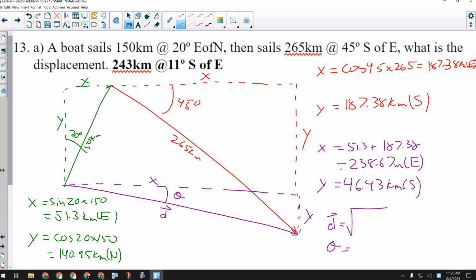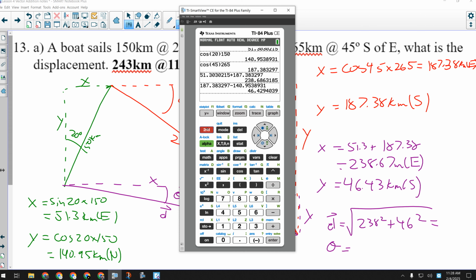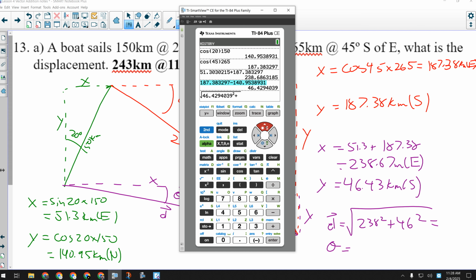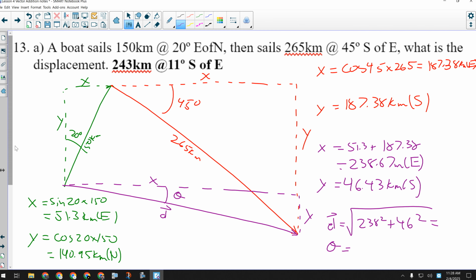So first, Pythagorean theorem with 238 squared plus 46 squared. Okay, so 243 kilometers. And then to get theta, y is opposite, x is adjacent, so theta will be inverse tangent of 46 over 238.